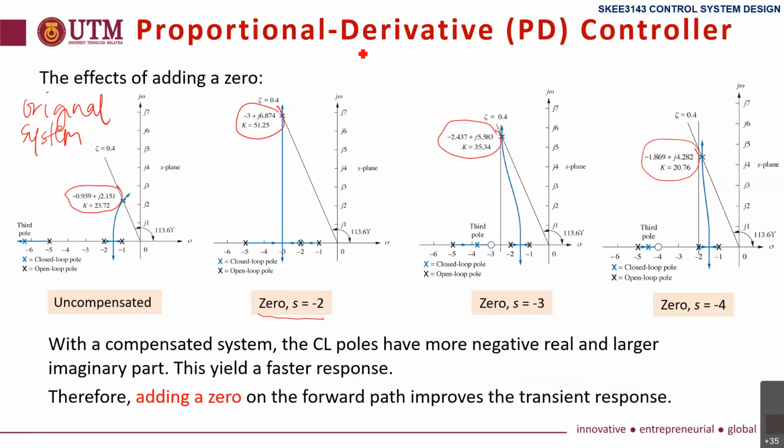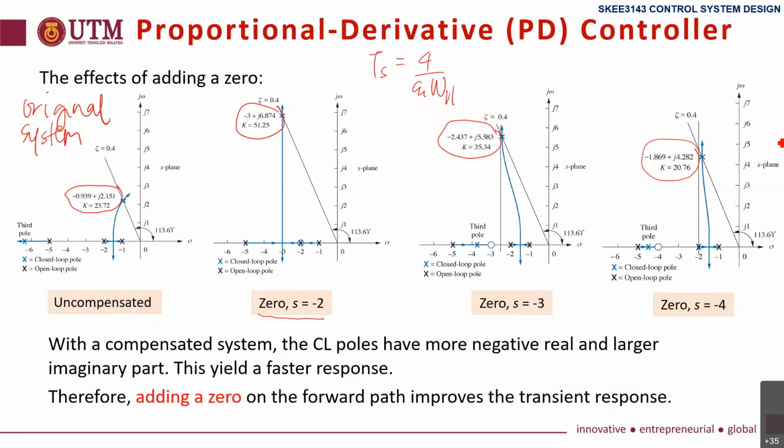Okay, remember TS is 4 over zeta omega n. When zeta omega n is big, then TS is low, it is faster.